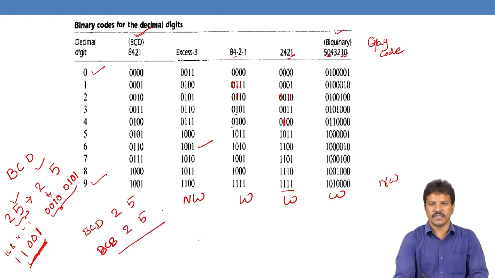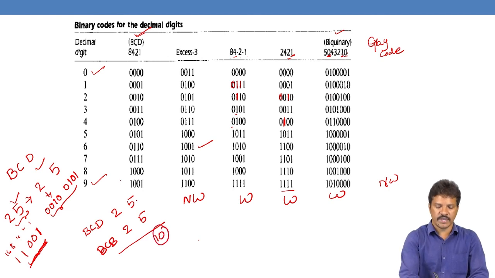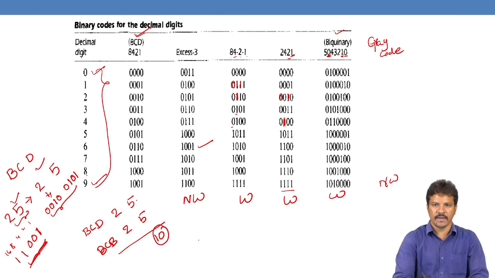When we add these, 5 plus 5 gives 10, but it violates the representation of BCD, because BCD numbers are represented only within 0 to 9. So in order to get 10 as a BCD number, we add 6, so that we get 1 and 0, with 0 here and 1 carried here. Then we add 2 plus 2 plus 1, 5. So 5 and 0 is the BCD answer, not directly simply adding, but making the number into a BCD number.